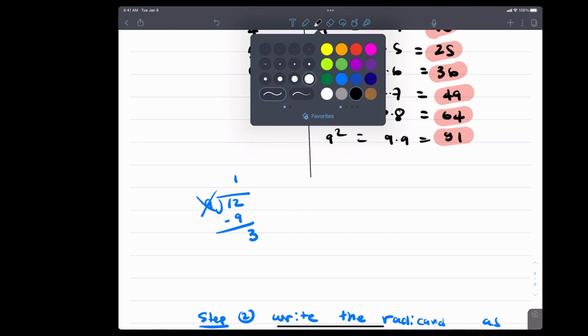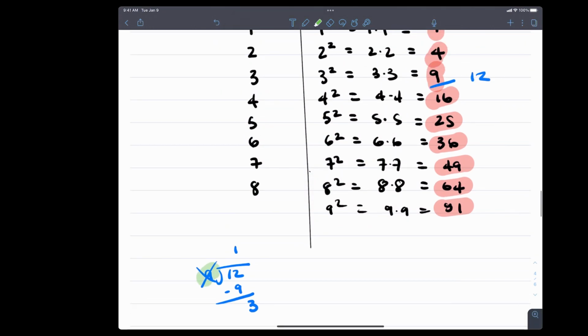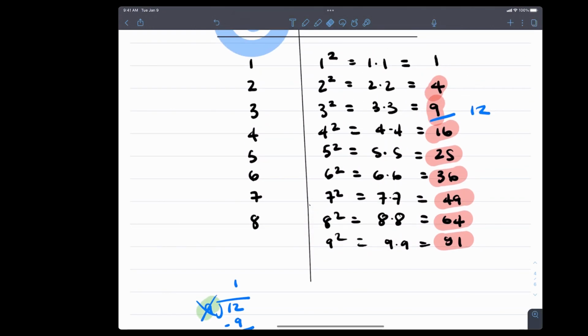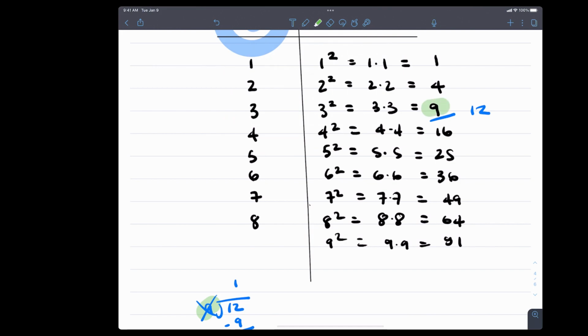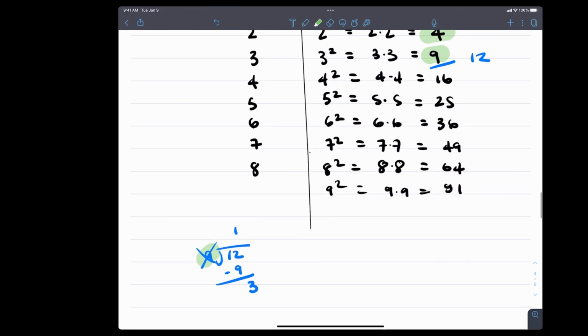All of these are the perfect squares, so maybe I should change the colors here. So these are all perfect squares. We tried 9. We're going to try 4. Work backwards there. You guys with me on that?